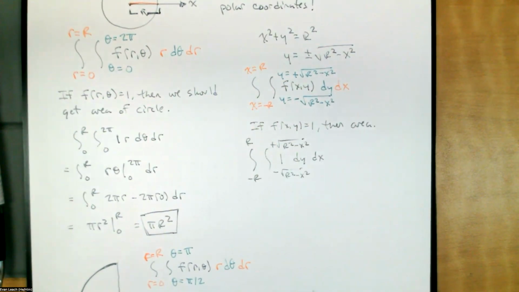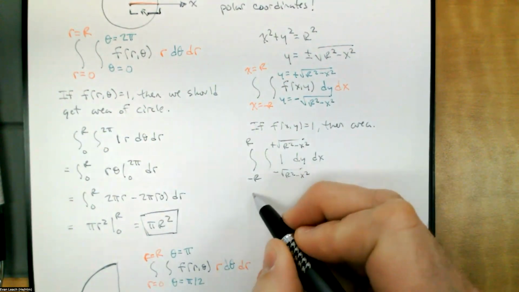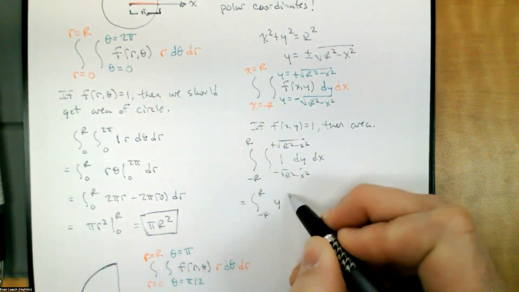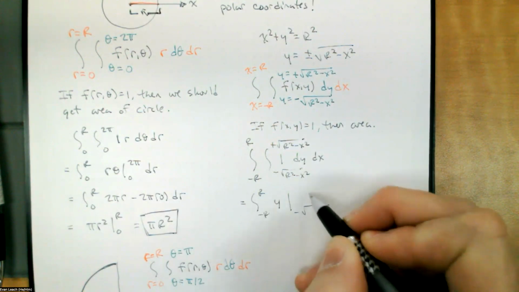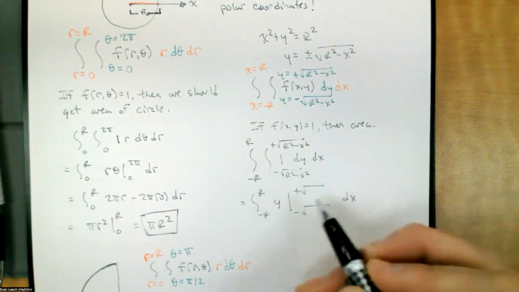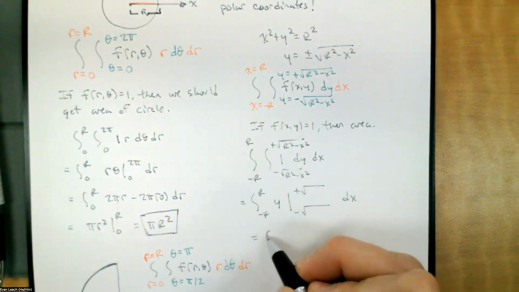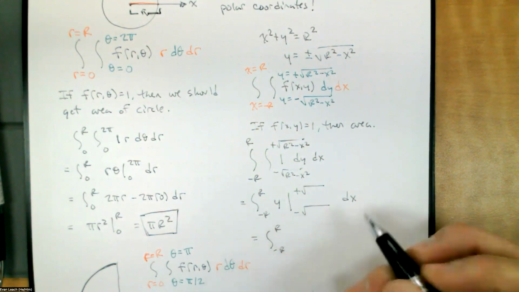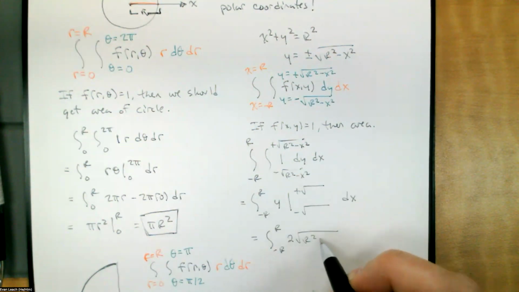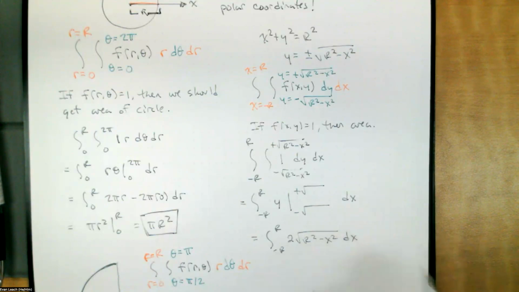The first integration that we do is dy. So we integrate from negative r to r of y, evaluated from negative square root to positive square root. We plug in the endpoints, and we're integrating from negative r to r of 2 times the square root of big R squared minus x squared dx.